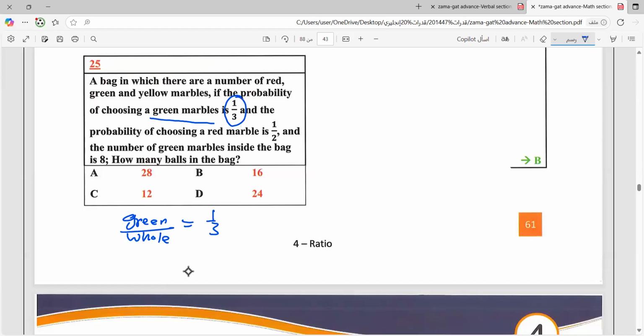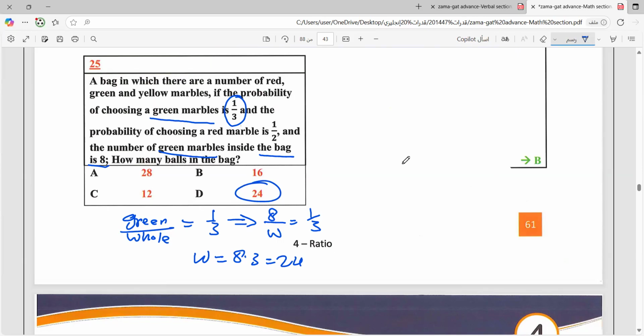And also it says there are 8 green marbles. So we substitute green, we put 8 over whole equals 1 over 3. So we find now W, cross multiplying: 8 times 3 is 24. So the answer is 24.